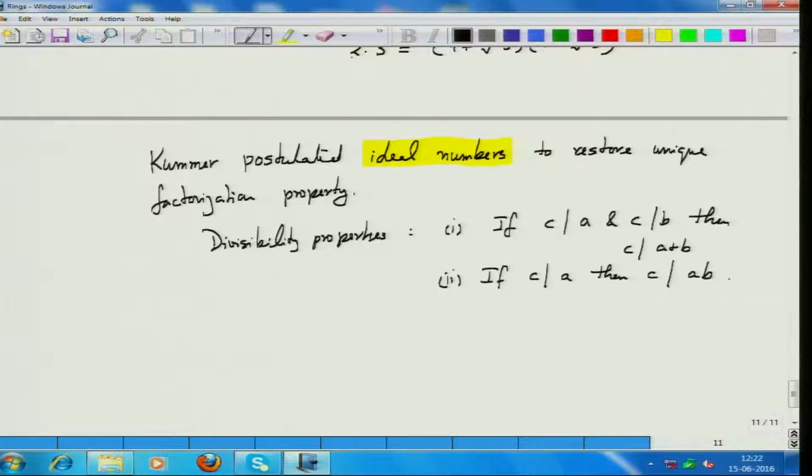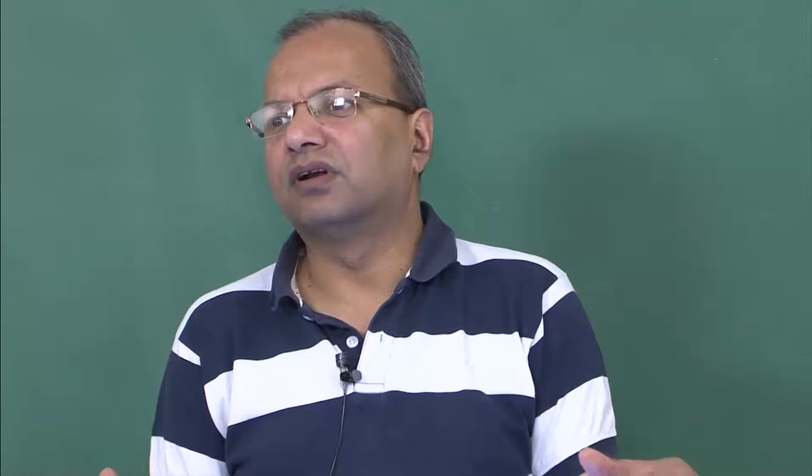And then he developed this theory to show that the unique factorization property would hold when you include such ideal numbers.